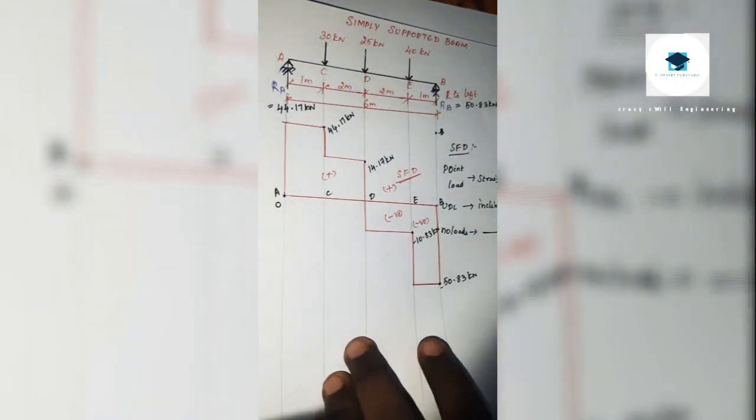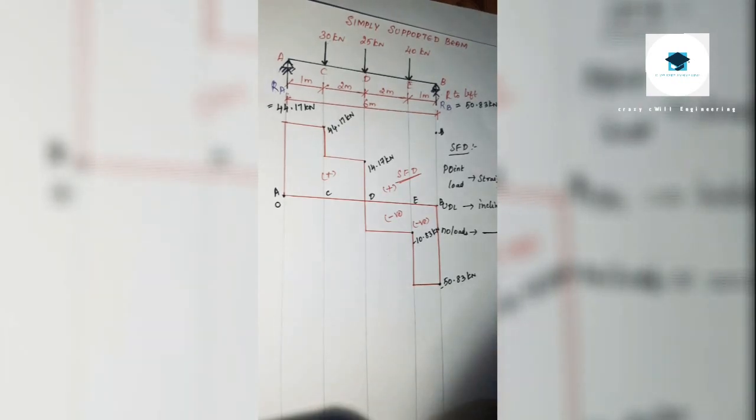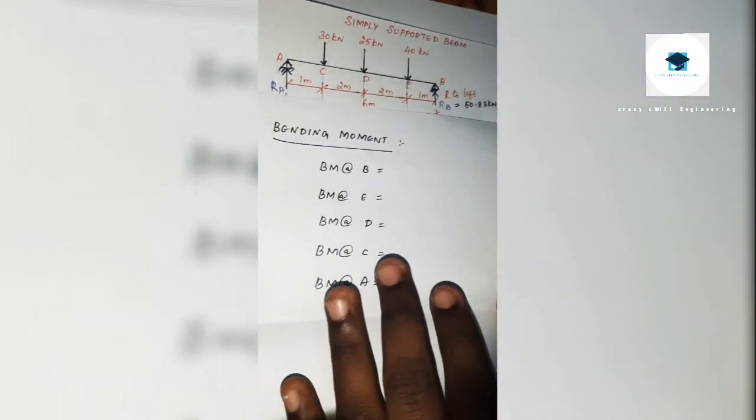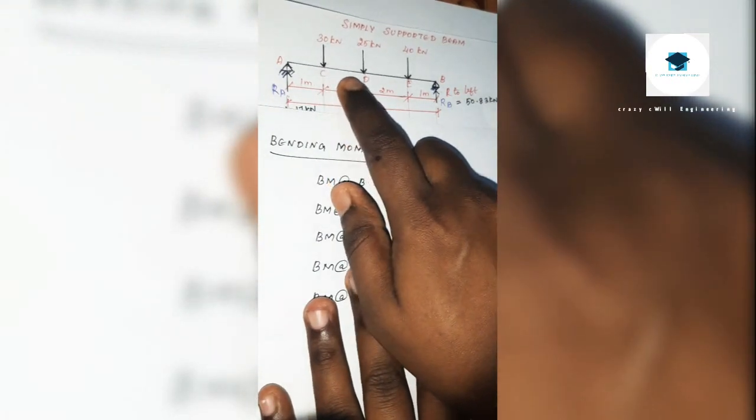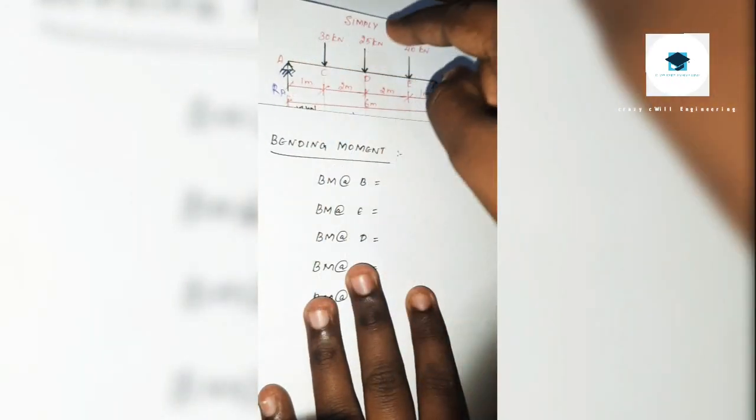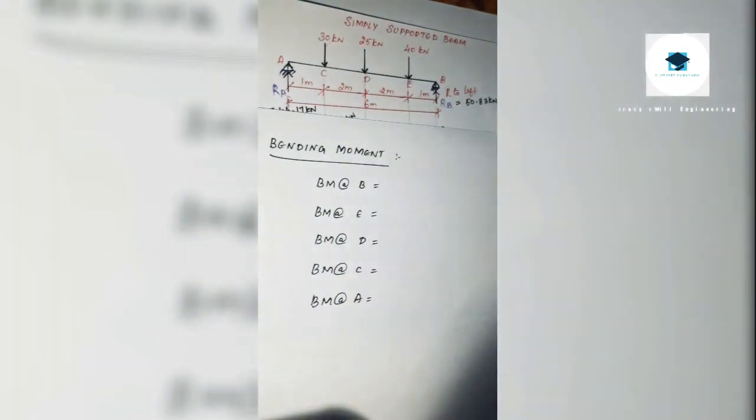Okay, next bending moment calculation. What is bending moment? This is the algebraic sum of moments of all the vertical loads acting on a beam, either left or right of the section. This is bending moment.